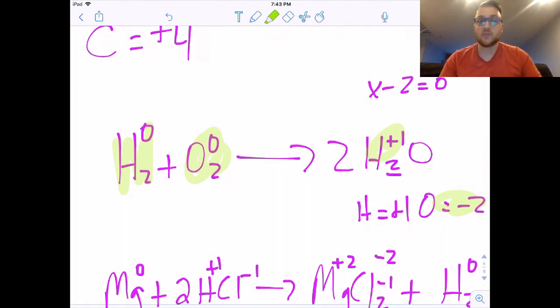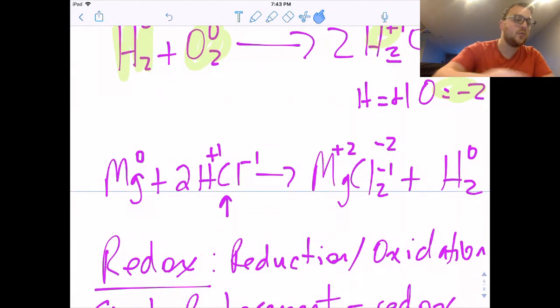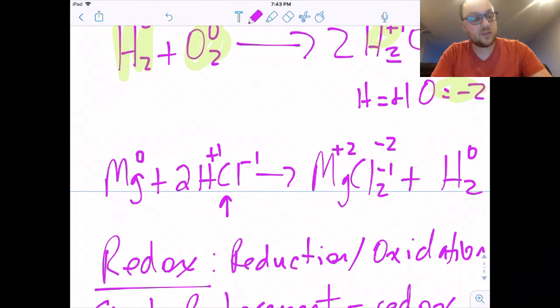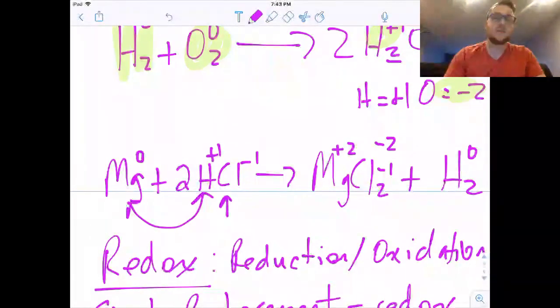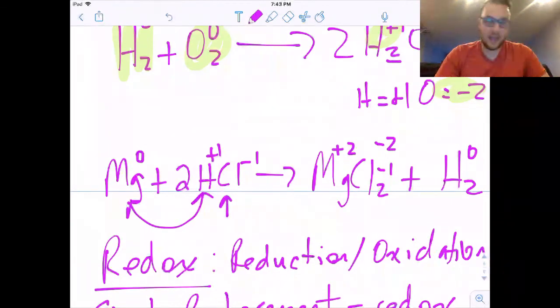This second one, first of all, is single replacement. So the H's and the Mg's switched with each other. But if you didn't remember that, if you check their charges, you will again notice that they have changed. And if you have a change in charge, then you have a redox reaction.